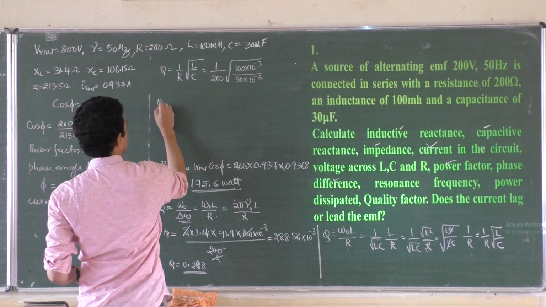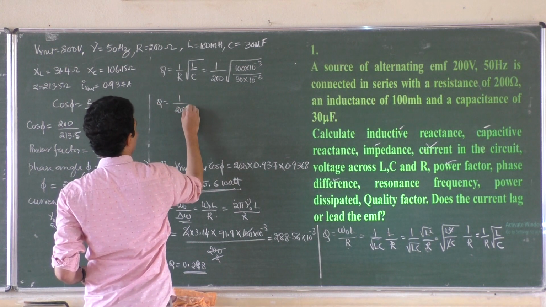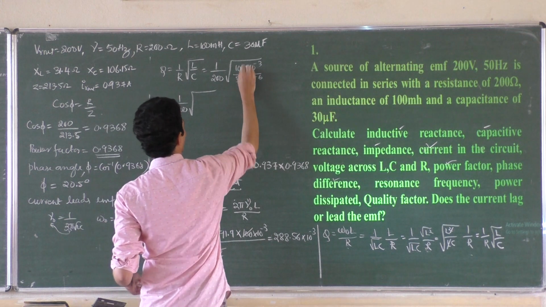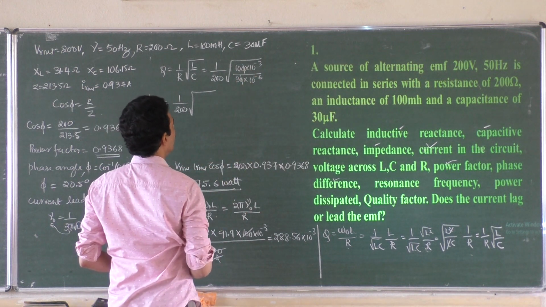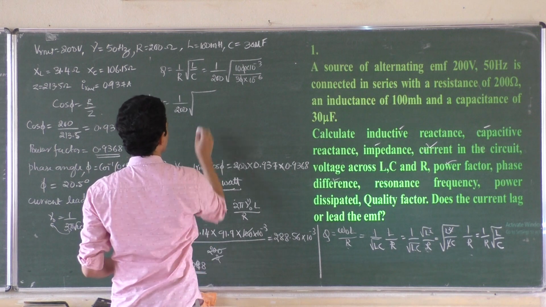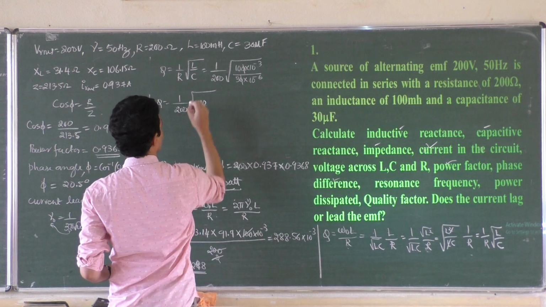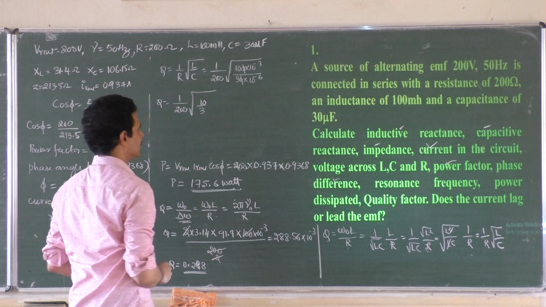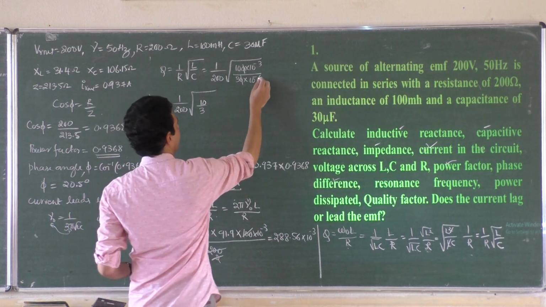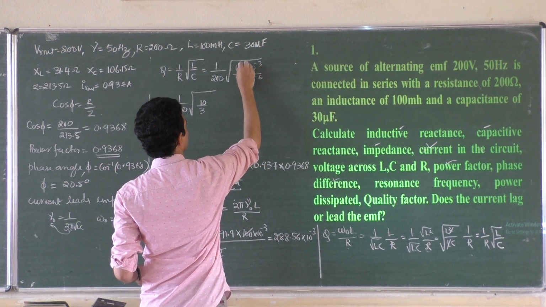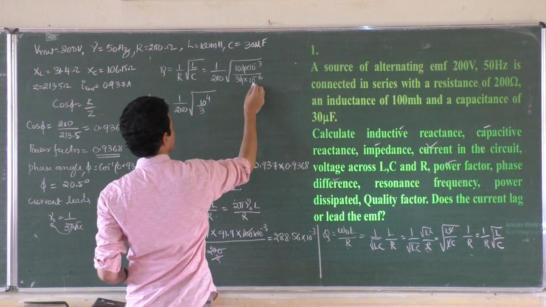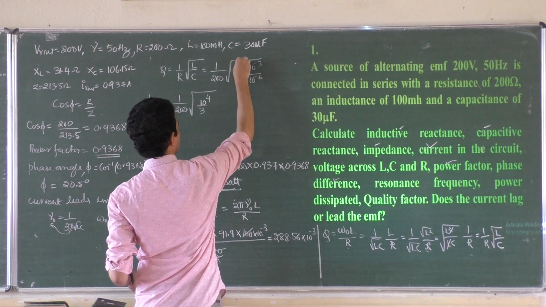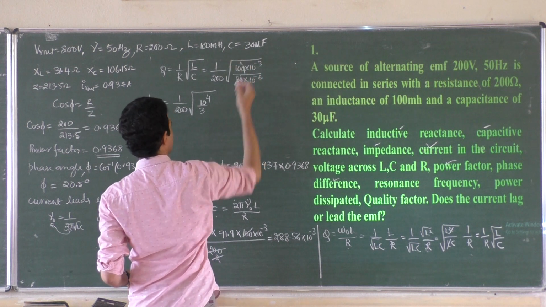Quality factor is equal to 1 by 200, root of 10 gone, 30 by 3, 10 by 3. Then 1 by 3 into 10 to the power minus 6 plus 6, 7 here, 1 here, 7, 7 minus 3, 4. Did you get that?